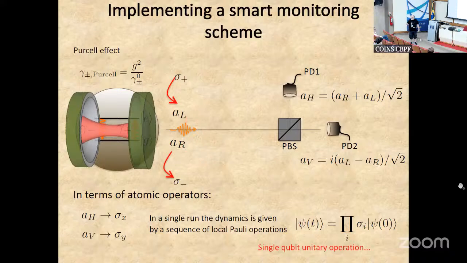I erase the information about which process happened, and I have to apply sigma x to my qubit. And if I detect a click here, I have to apply sigma y to my qubit. So this is actually a quantum optical way to implement these trajectories in which for each jump, I have a unitary evolution in my system.